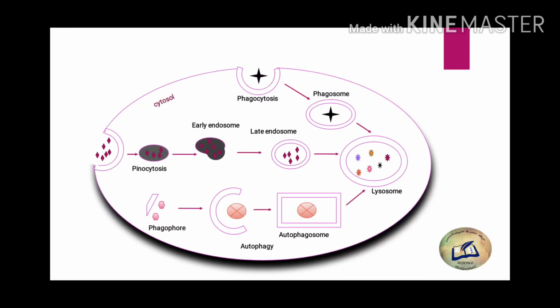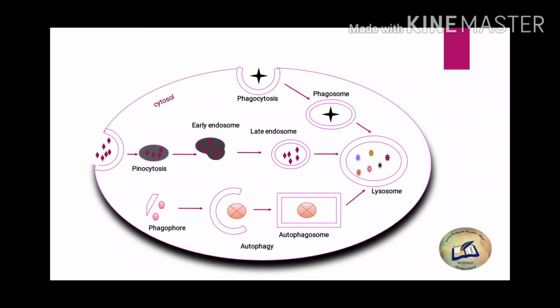Okay. Now the second process is pinocytosis. See, small particles are engulfed through the process of pinocytosis, then they form the early endosome, which differentiates and forms a greater, matured structure, which is the late endosome, which then further fuses with the lysosome to form the endolysosome, and then they are further degraded by the lysosome.